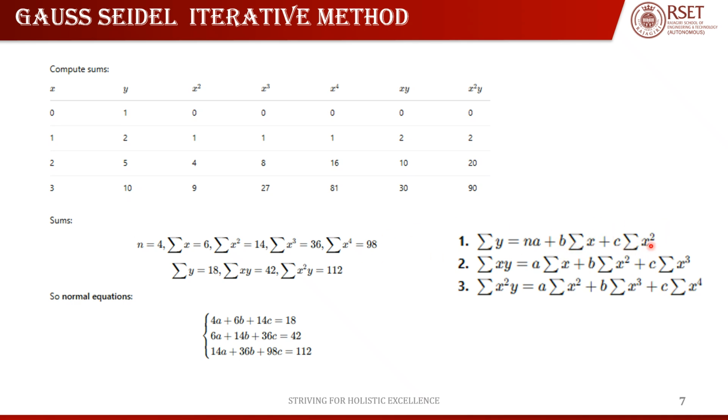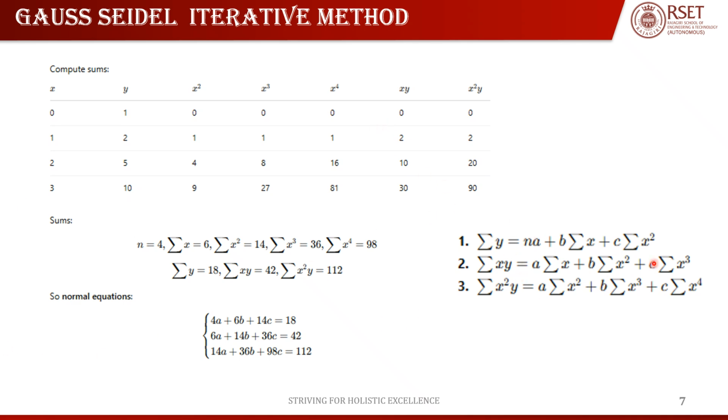This will be our first equation. Since your equation was y is equal to a plus bx plus cx square, just take the summation, and then multiply by x in every equation and get the summations. Similarly, you know the normal equations; we have discussed them in detail in another session.